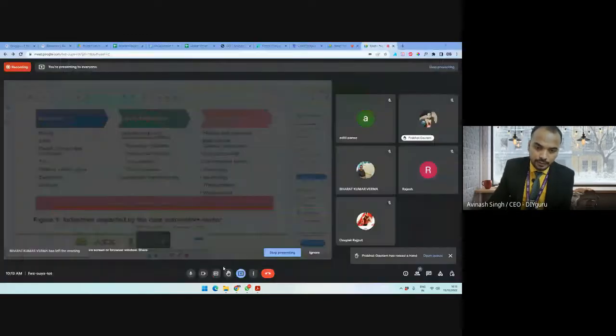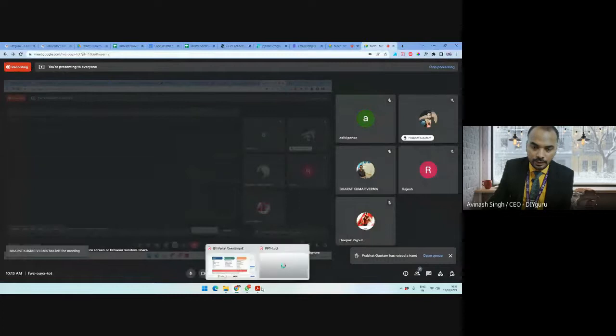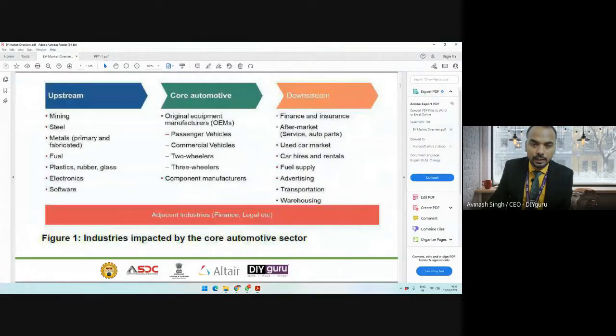At that stage, not only the core automotive industry, but even the upstream and downstream also got affected because of the disturbance in this particular segment.